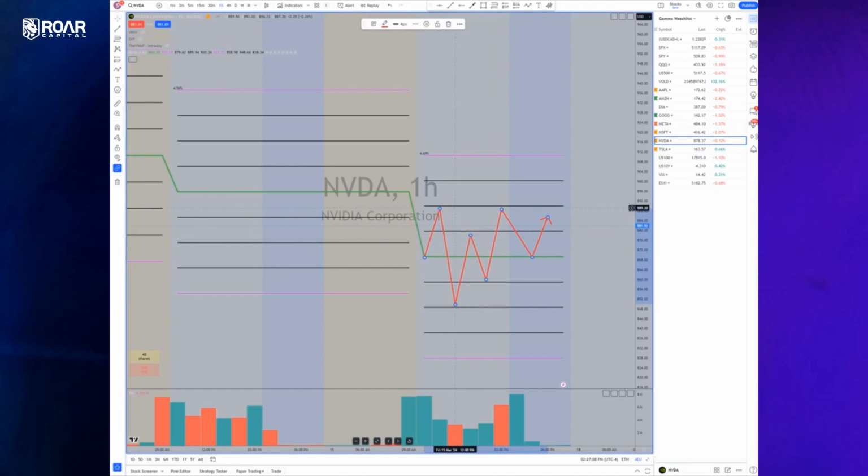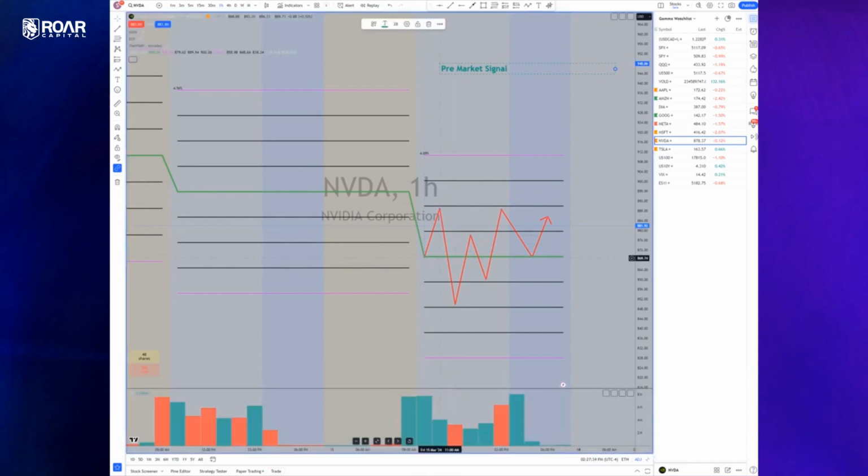In the signal service, there are going to be two types of signals. The first type is a pre-market signal, where, let's say I'm bullish, I believe we're going to open here and go to the first or second, maybe even the third level.